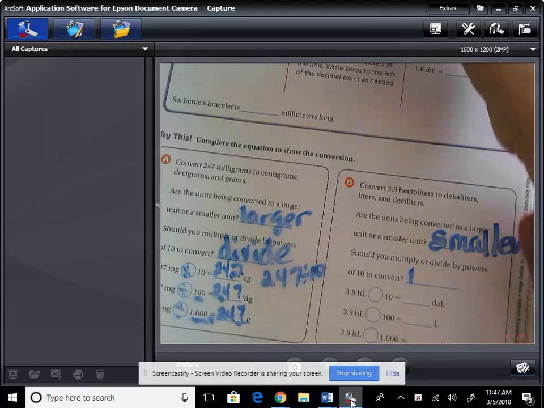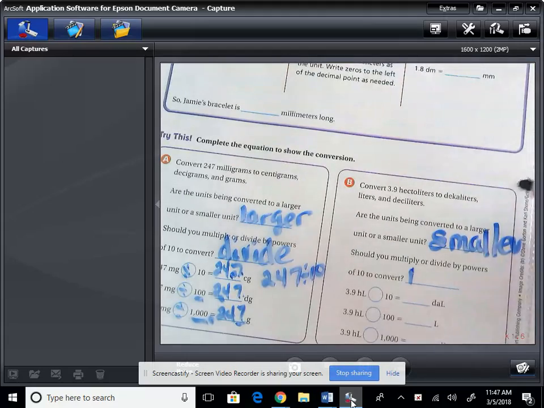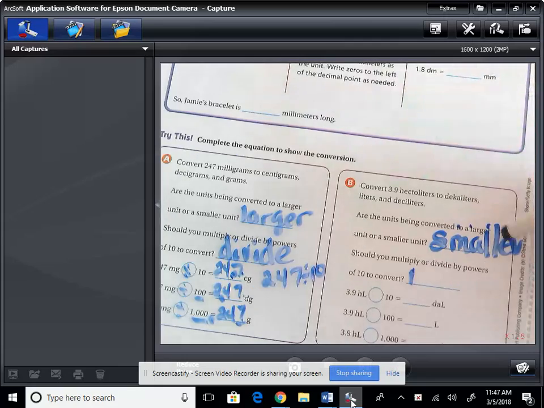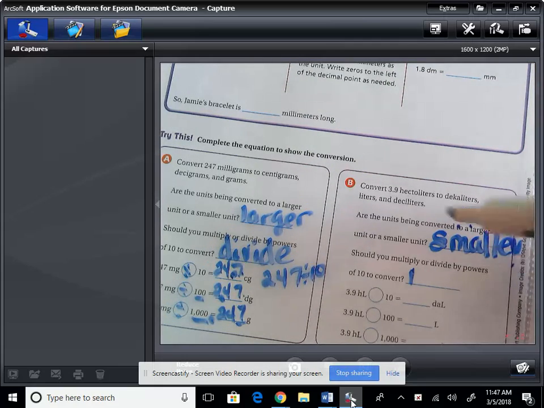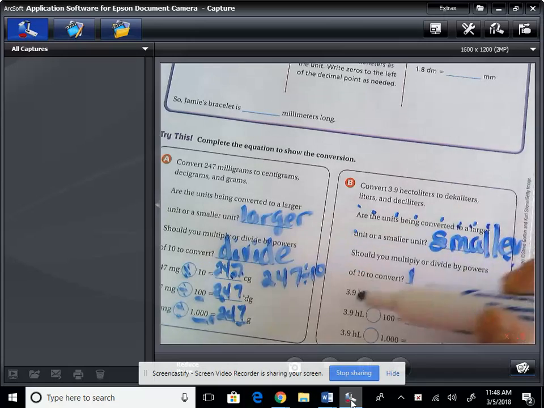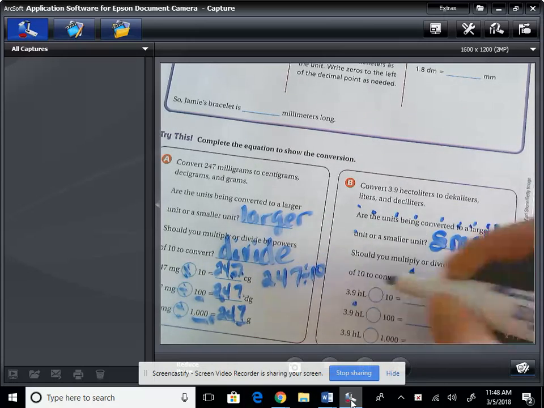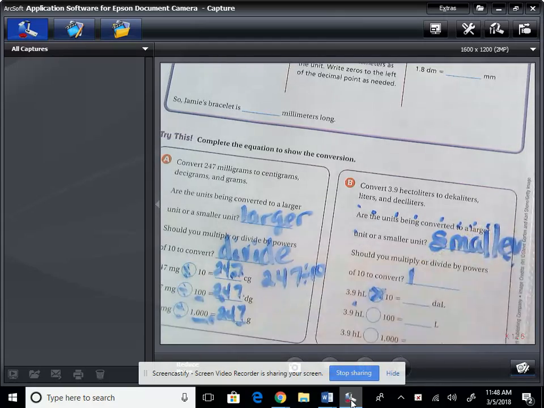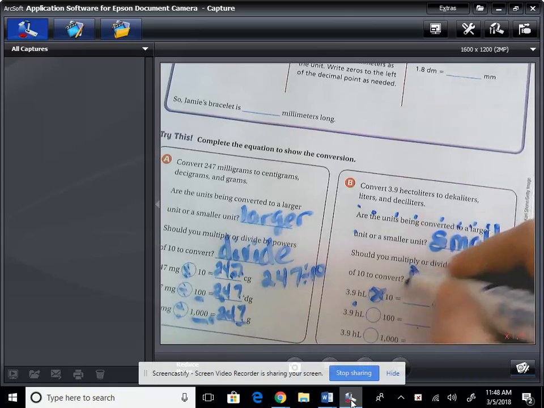No, we're going larger to smaller. Hold it. I gotta look. So we're going from hecto, larger to smaller. Are the units being converted to a larger unit or a smaller unit? We're going to a smaller unit. So we're starting off with a large unit and going to a smaller unit. So when we go from a large to a small, we multiply.